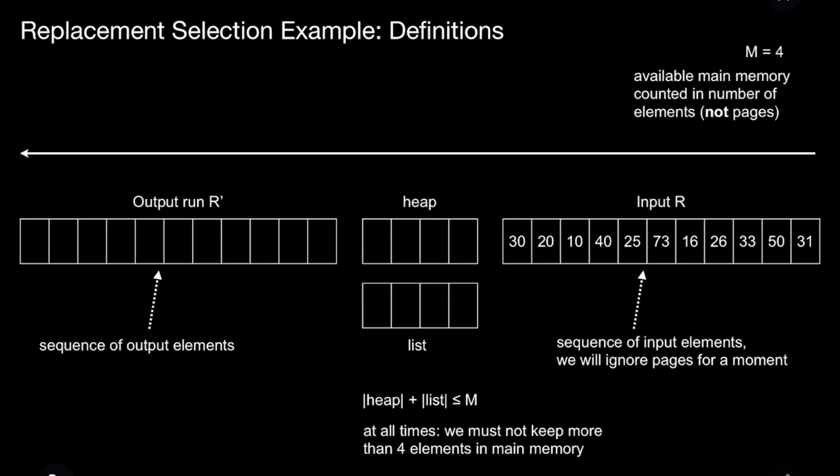And what I'm showing here is basically a heap in main memory and a list. So it may appear that, okay, it's 4 in the heap, but 4 in the list. That's not true. The only condition I need to preserve is that the number of elements must be smaller or equal to M, so that 4.